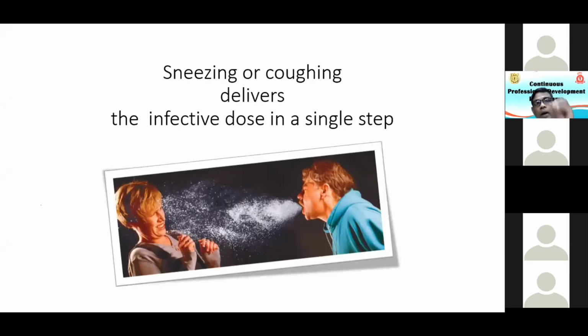If you come face-to-face with a person who is sneezing or coughing with symptoms, the infective dose can be delivered in a single step. So if you come face to face with the cough of a person who is contagious, you can be 100% sure that you will get the disease.